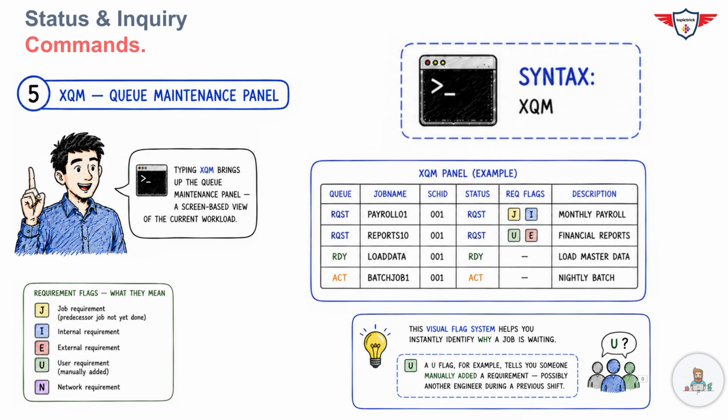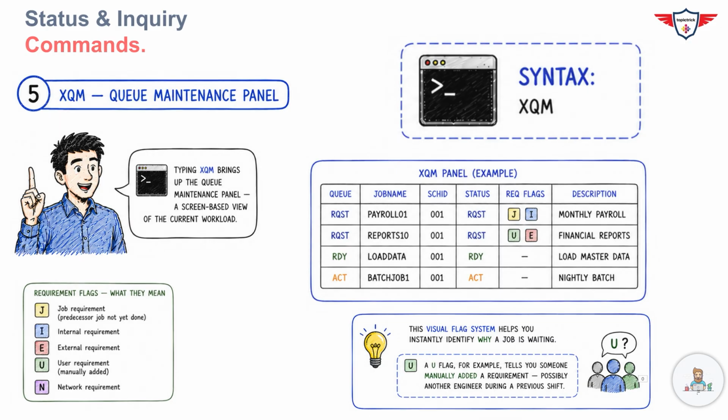If you see I, that means internal requirement. If you see E, that means external requirement. If you see U, that means user requirement. That means somebody has added a manual hold on this particular job or maybe any job. If you see N, that means network requirement. And this visual flag system helps you instantly identify why a job is waiting, right?